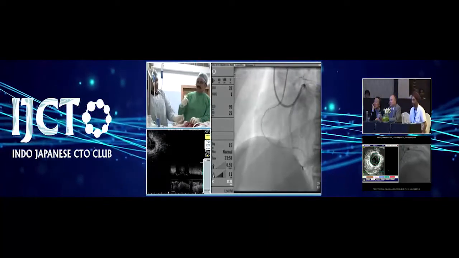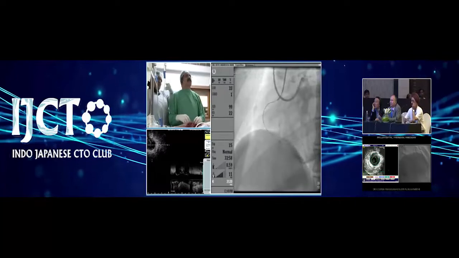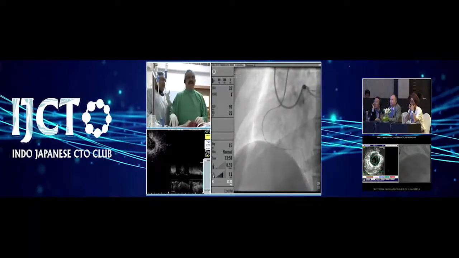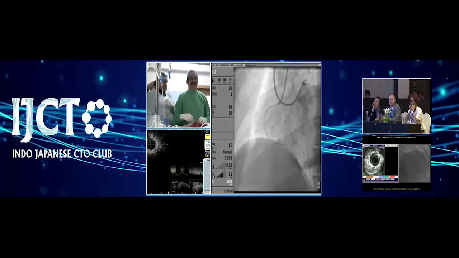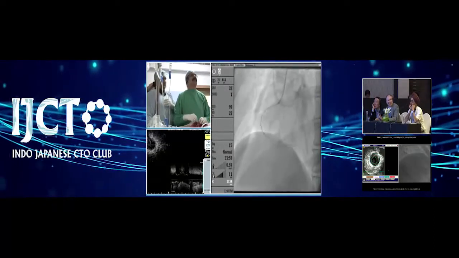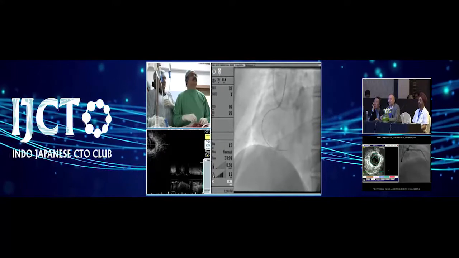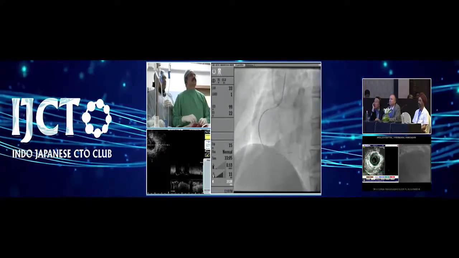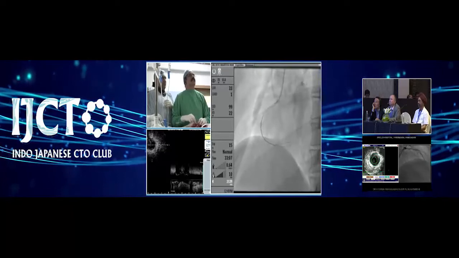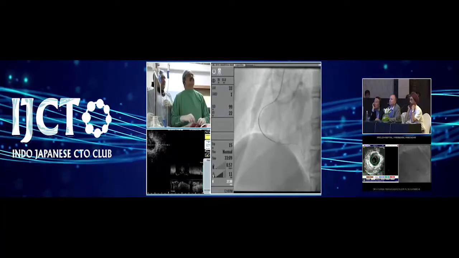And I think it's also helpful now to keep the retrograde system there, because for the stent placement, probably the antegrade filling is obstructed, so you place the stent under contralateral injection. So what is the stent?